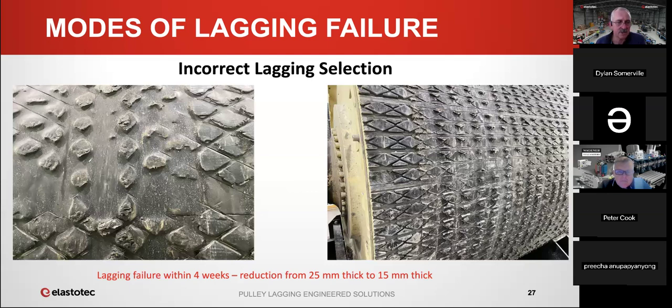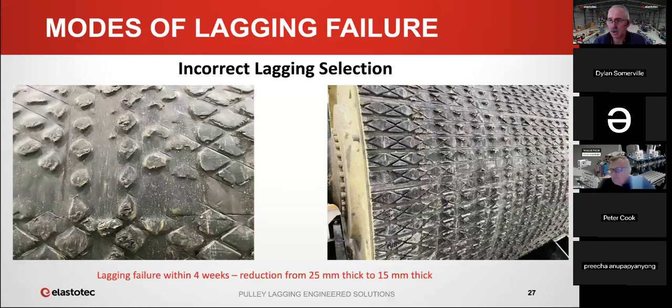You can see the extent of the damage. The rubber almost looks like it's melted. The maintenance people had spare pulleys with the same lagging on, so they put those in, but obviously they were going to fail within 4 weeks.